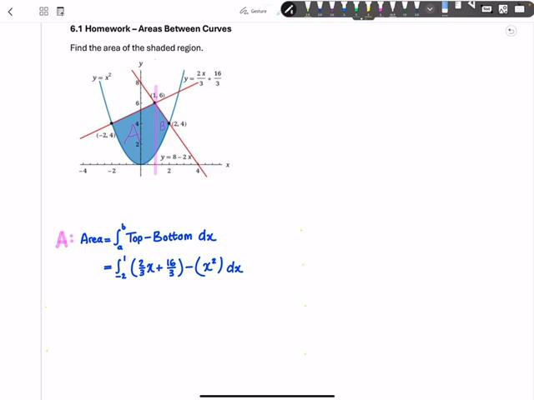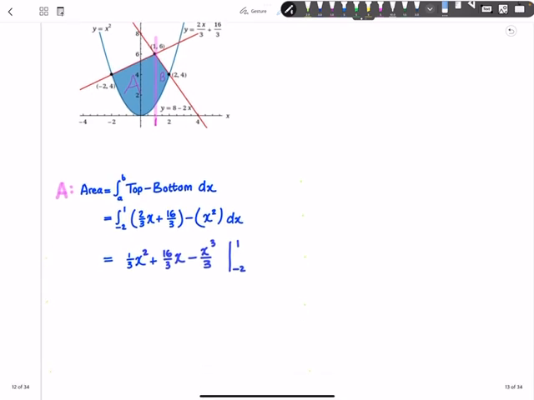We integrate over the interval where this region exists, from -2 to 1, where these two functions intersect.